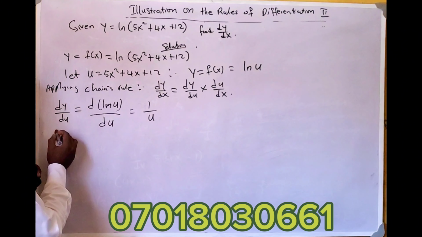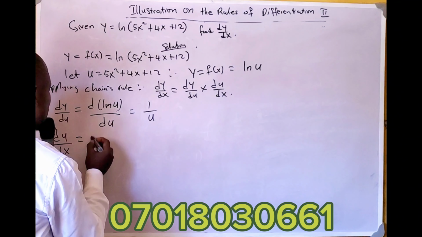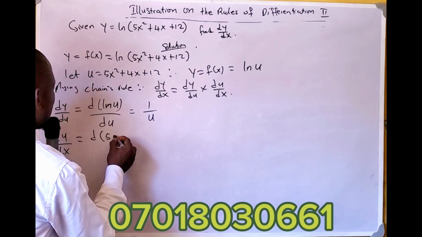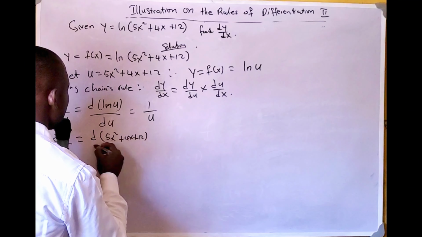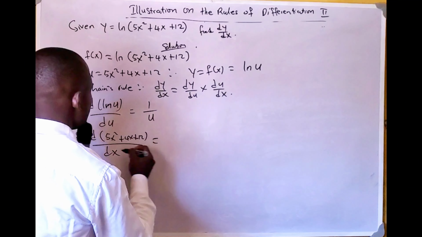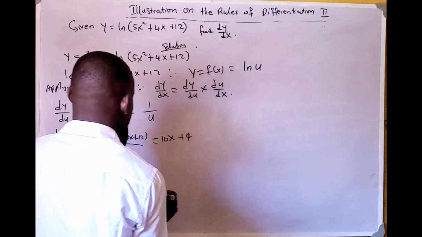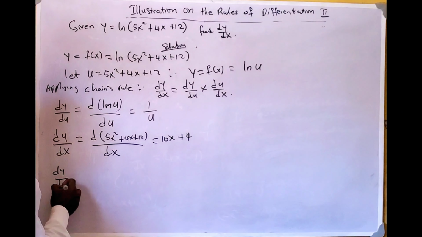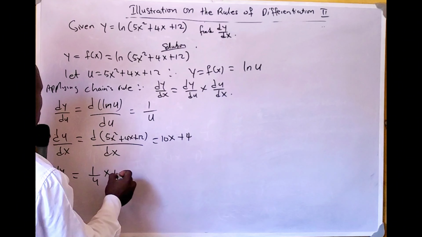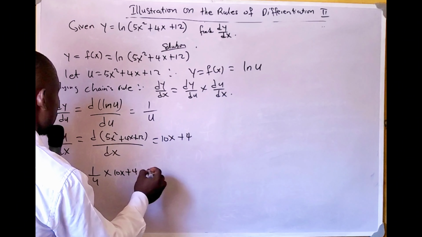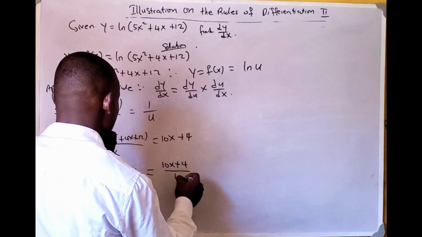So also here we find our du/dx by applying the power function rule, and this will be the derivative of 5x squared plus 4x plus 12 with respect to x, and this will be 10x plus 4. So then our dy/dx here will be 1 over u times 10x plus 4, which is the same thing as 10x plus 4 all over u.